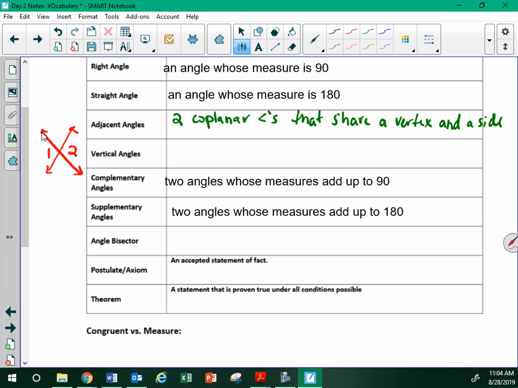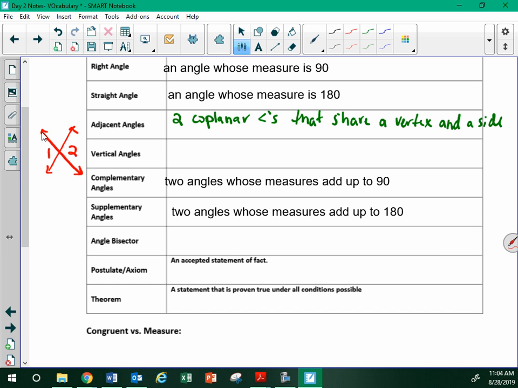Some key things with this: it has to make that perfect X, which mathematically speaking means that the rays are opposite rays. If they're not opposite rays, like let's say I have one opposite and one not, those would not be vertical angles because they're not opposite rays, okay? So that perfect X comes from the fact that they have opposite rays.